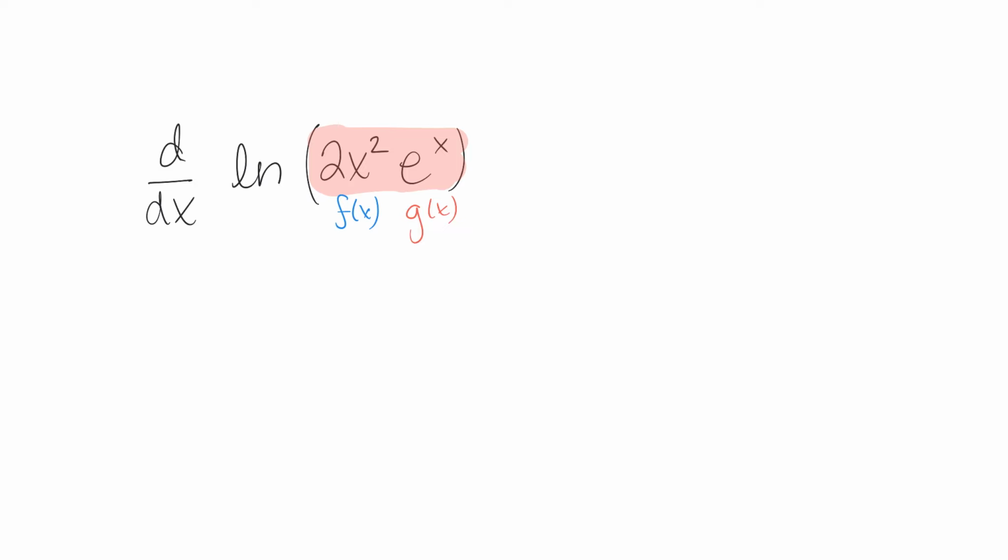All right, so here we go. The natural log has a derivative of 1 over x. So 1 over 2x squared e to the x times f g, because it's a product.